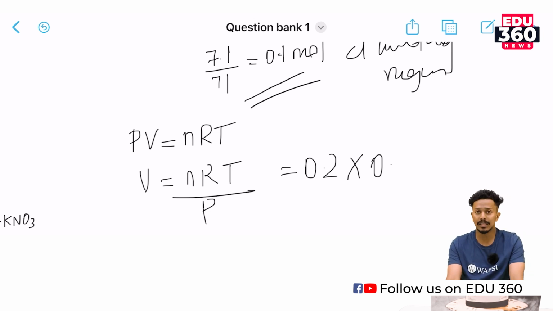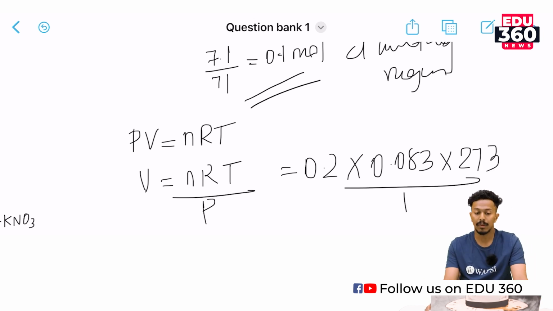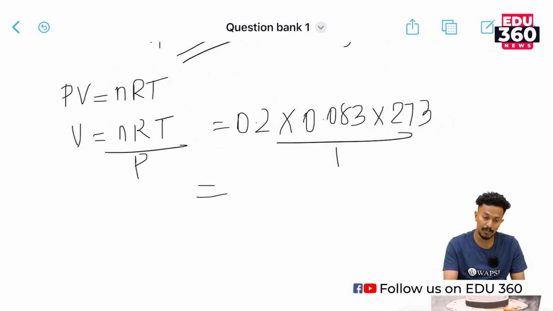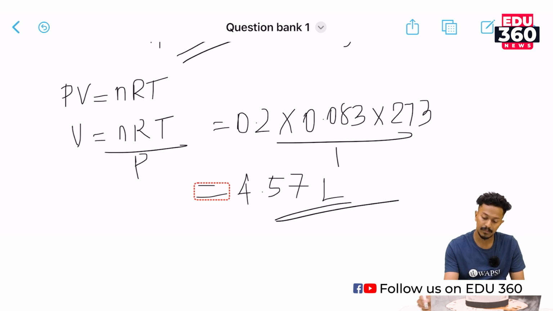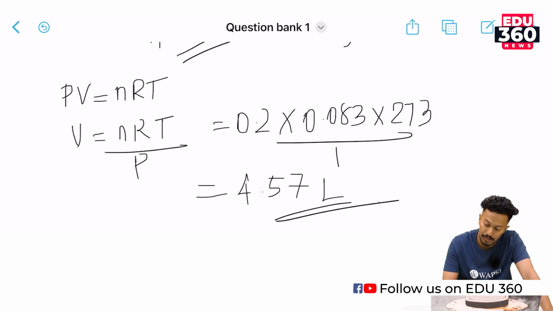So we will write the universal gas constant as 0.083 into temperature at 273 Kelvin by 1. Yes, we have completed this one. So 0.2 into 0.083 into 273 gives the volume of 4.54 liter. Is this correct? Yes, you have to calculate this one: 0.2 into 0.083 into 273.